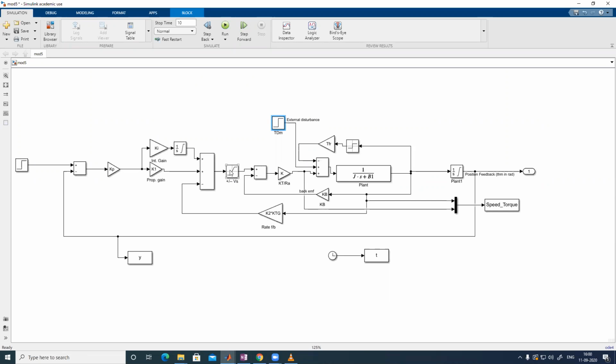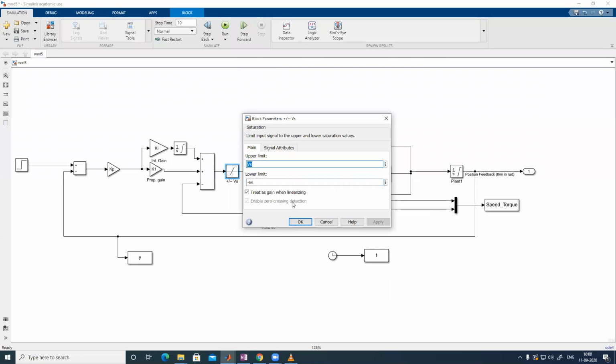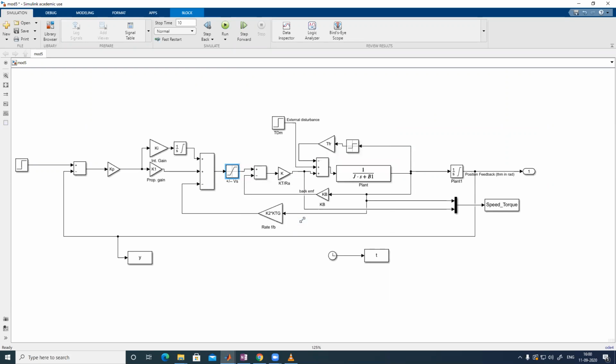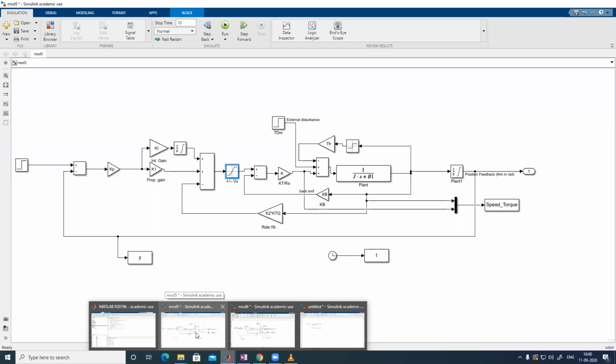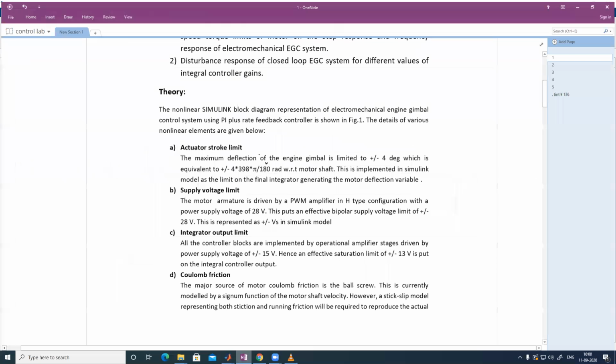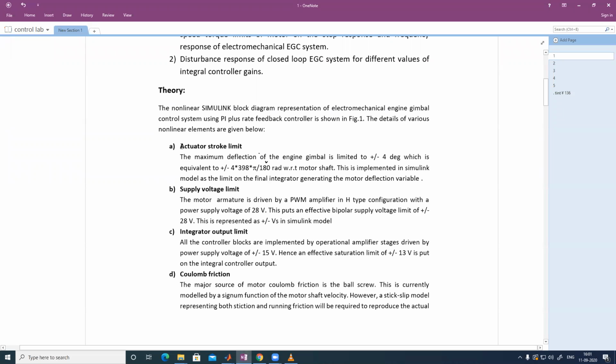The maximum and minimum limits of that voltage are given as plus Vs and minus Vs. For this experiment, it is 28 volts only. And this is the actuator stroke limit. Actuator stroke limit means the actuator is rotating, and that stroke limit is where you have to know.